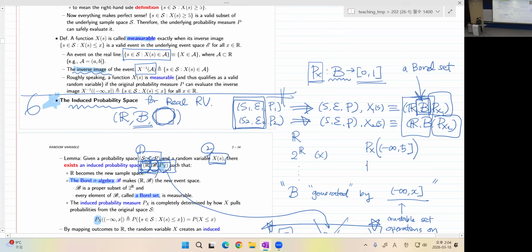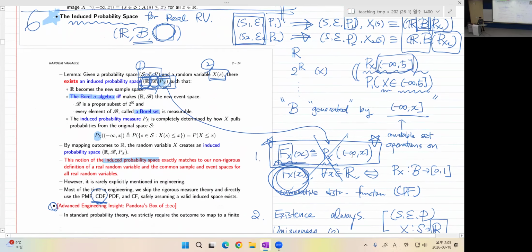Or you may say that using this probability measure, let's say P1, this notation is perfectly the same. So the probability of the event that X is a member of this interval can be rewritten using the induced probability measure and the corresponding Borel set. Got it? So this is the key.